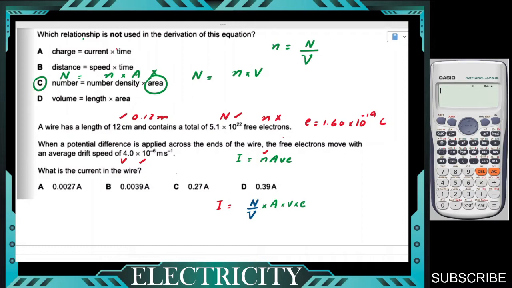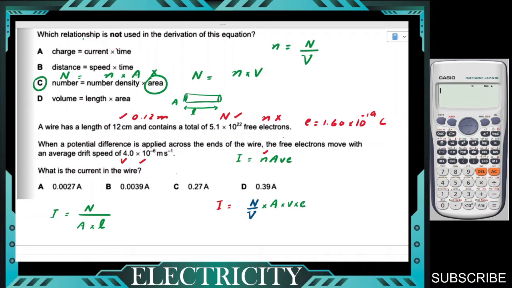What do we do then? I equals N. Instead of V, we can translate it into the product of area and length. Because if this is a conductor, which is kind of a cylinder, and the cross section area is A, and the total length is L. So the volume of the conductor, because it is a cylinder, which is a kind of prism, and the formula for volume of any prism is cross section area times length of the prism.